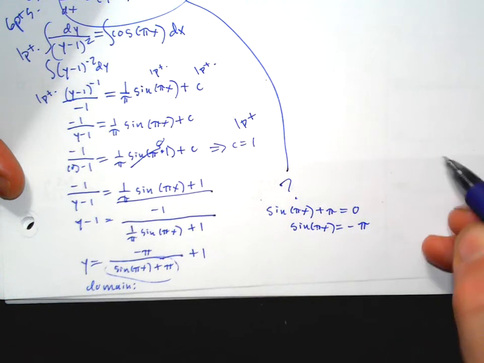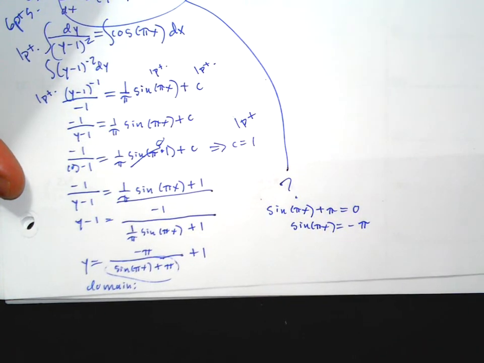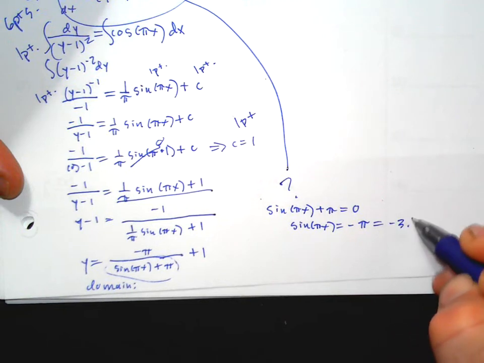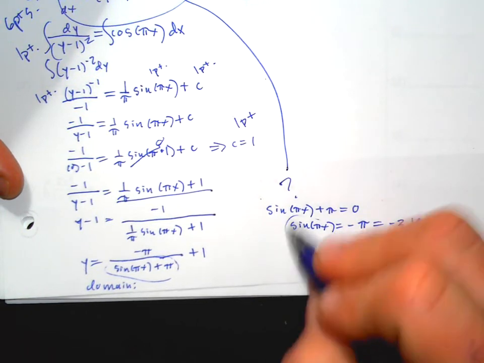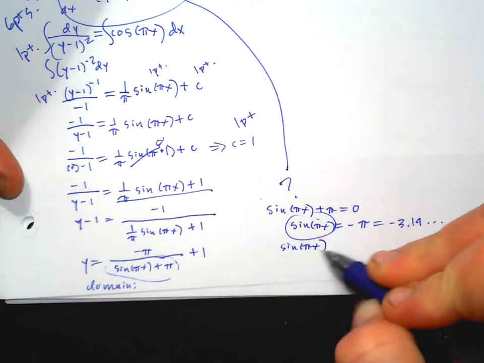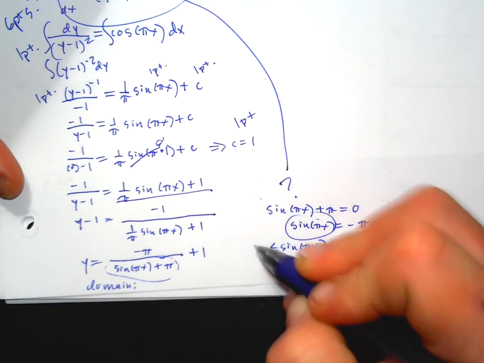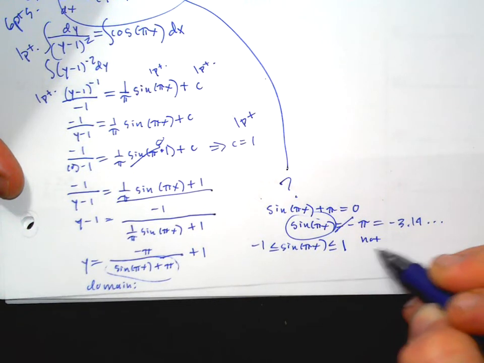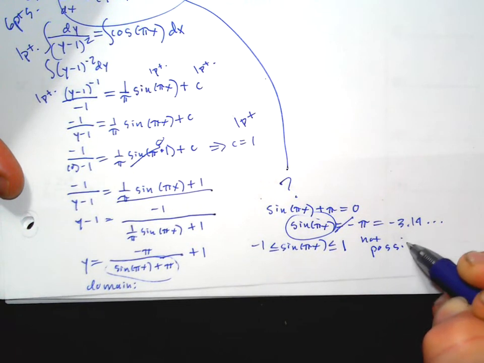Now, we don't have a calculator, and so you probably don't have this memorized, but this is like -3.14, right? And sine has to be between, what are the highest and lowest x, y values? -1 to 1. So this just is not possible. There's no value that makes that happen.